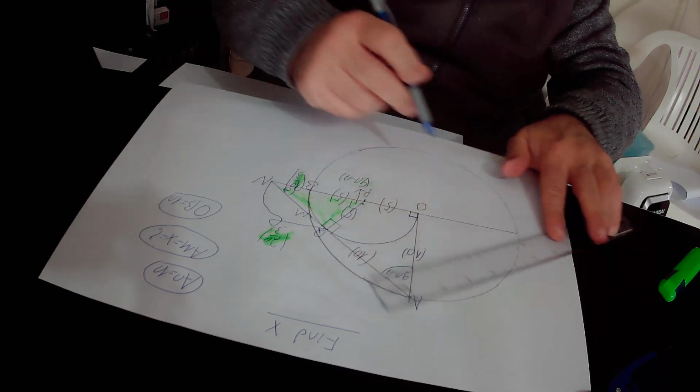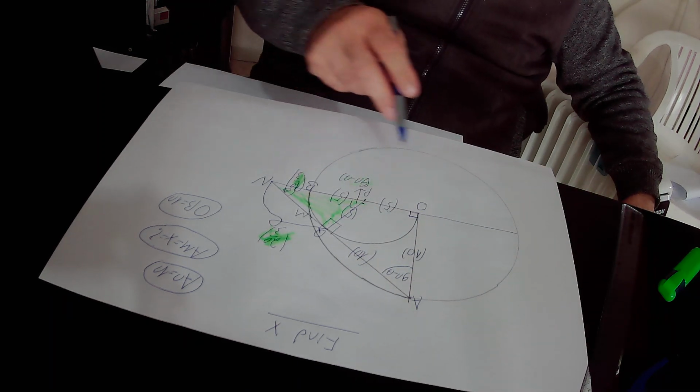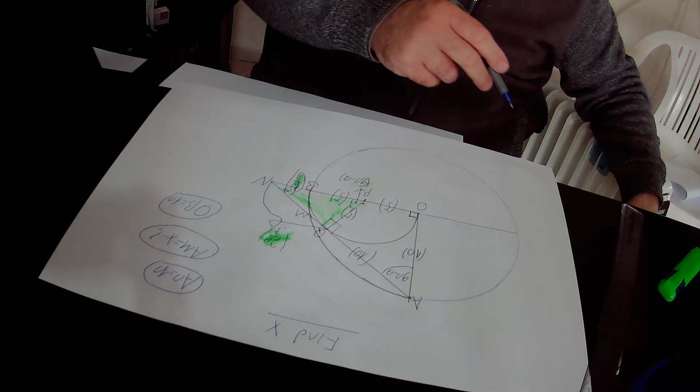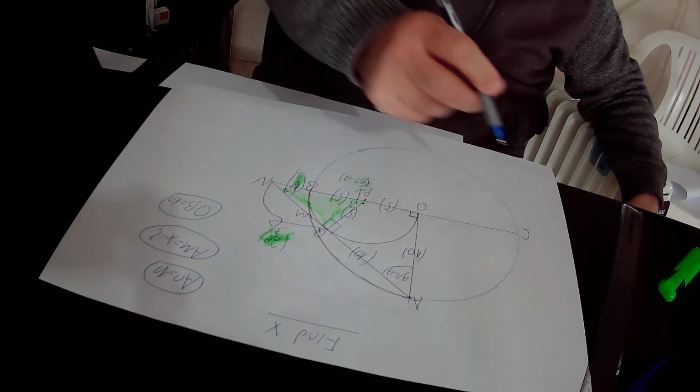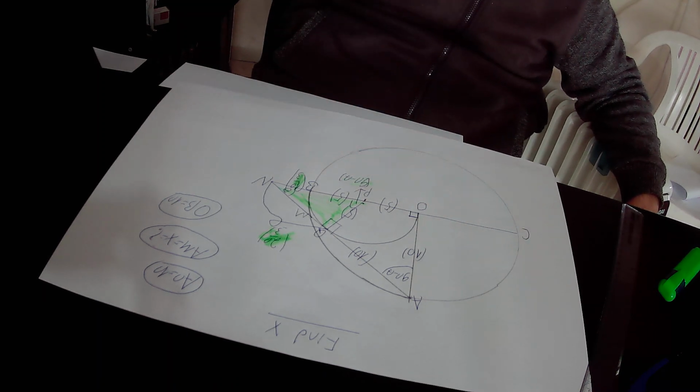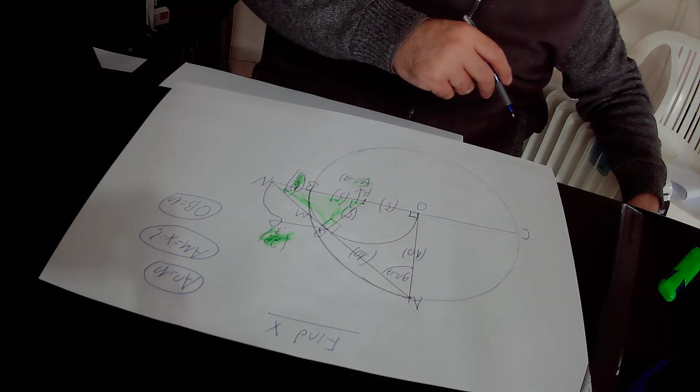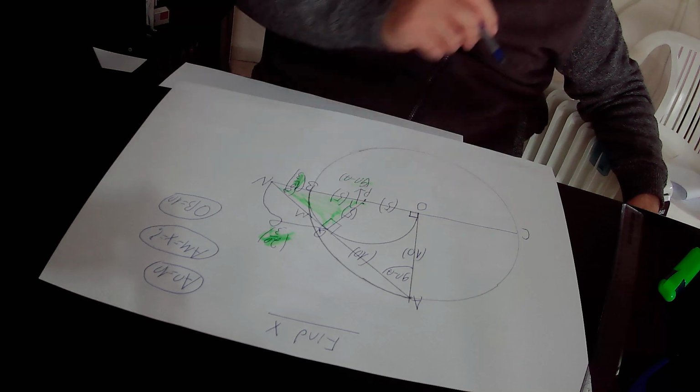We'll define the touching point of the extended side BO with this circle as C. Point O is the center of the circle. Point C is a point of the circle itself, therefore OC is the radius of this circle.